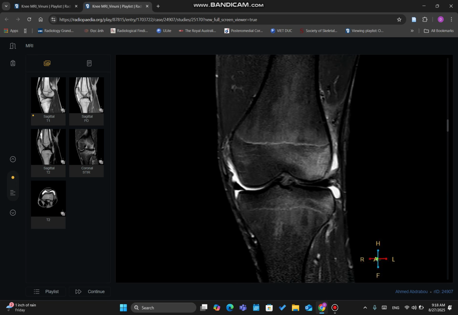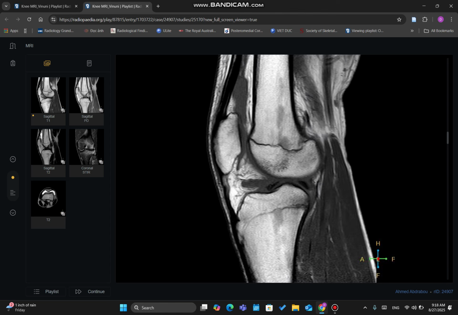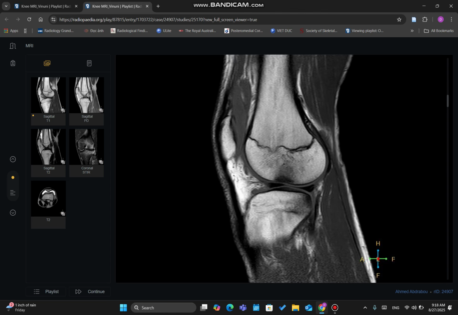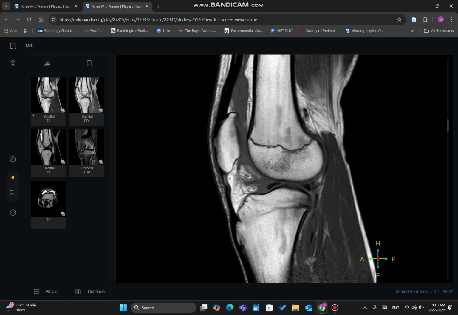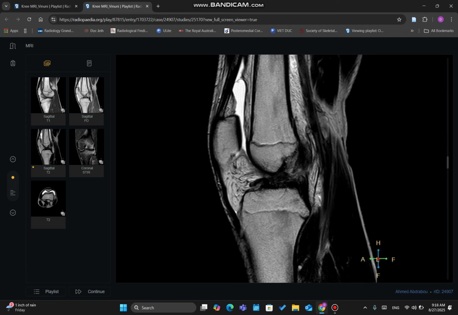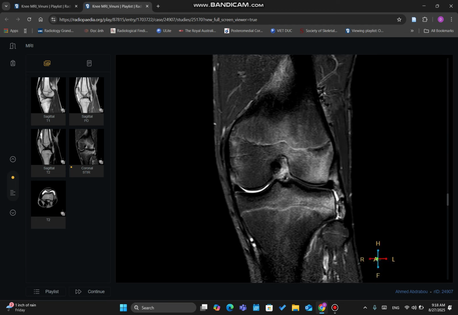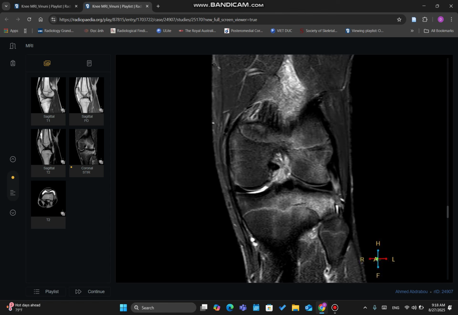Because of that, you will see that this kind of signal is hyperintense on T1 and non-fat-sat sequences, and completely suppressed in the fat-sat sequences, like the PD fat-sat in this case.